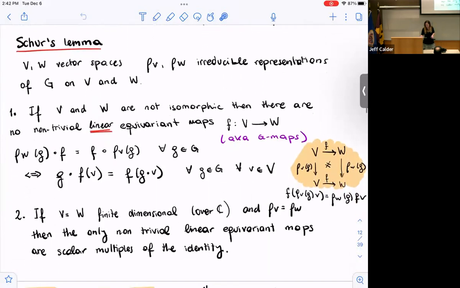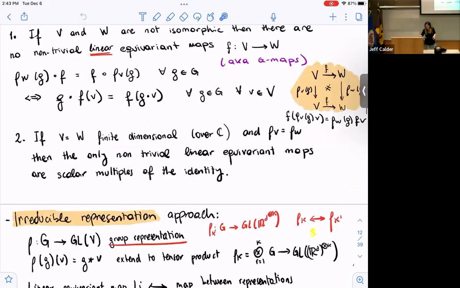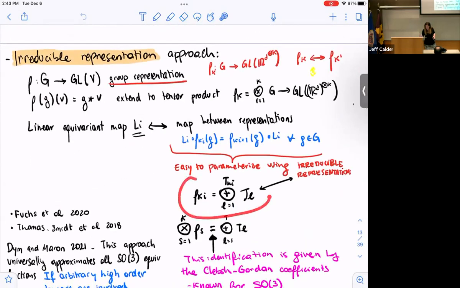And Schur's lemma tells you that if you decompose a representation in irreducibles, then a linear equivariant map between two irreducible representations is either a multiple of the identity or zero. So if I decompose my tensor product vector space in irreducible representations, for the input space and for the output space, then looking at which irreducible representations match allows me to decide how to parameterize the equivariant linear function between these two spaces.